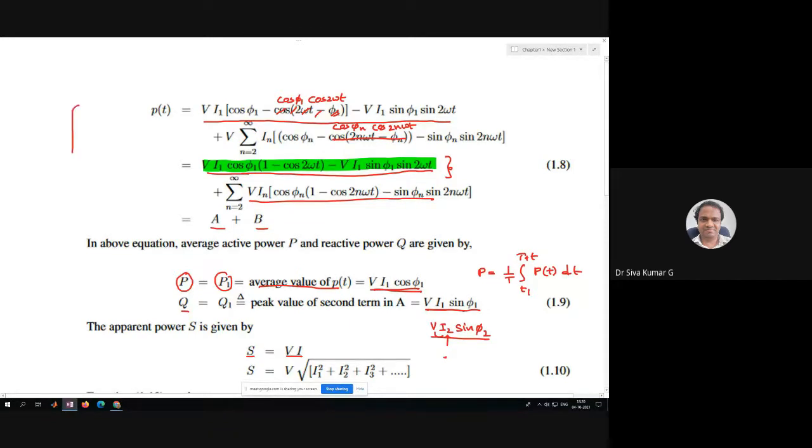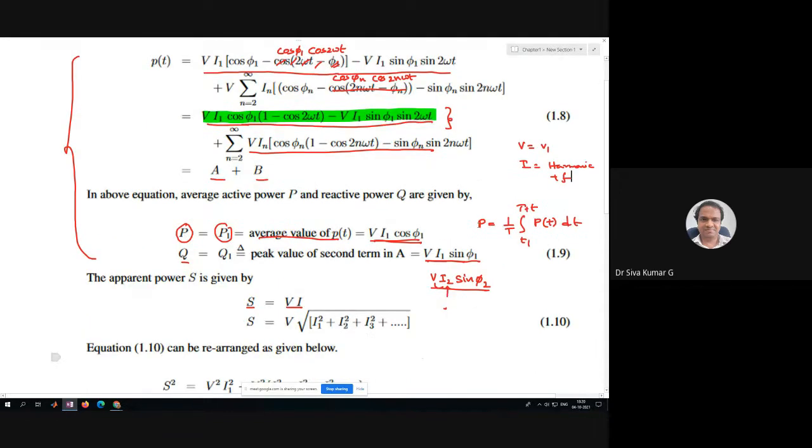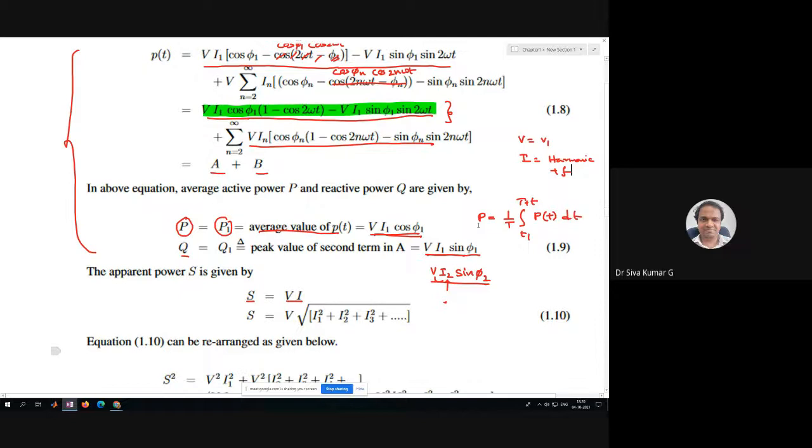These equations are fine with respect to the average power and the real power when the voltage is only the fundamental, whereas the current has the harmonics apart from the fundamental signal. In that case, we have defined the real power as well as the reactive power. How about the apparent power? It is VI, very straightforward.